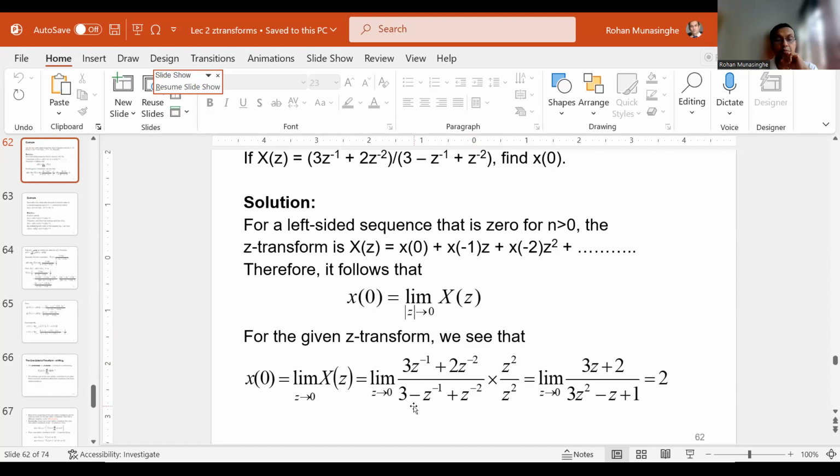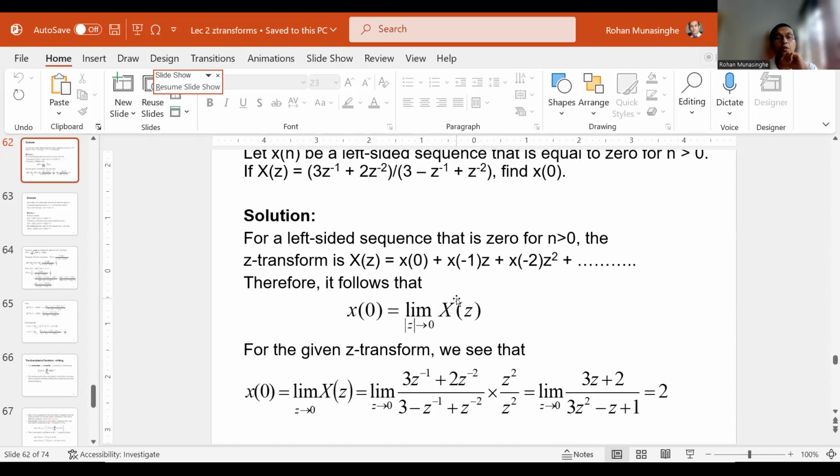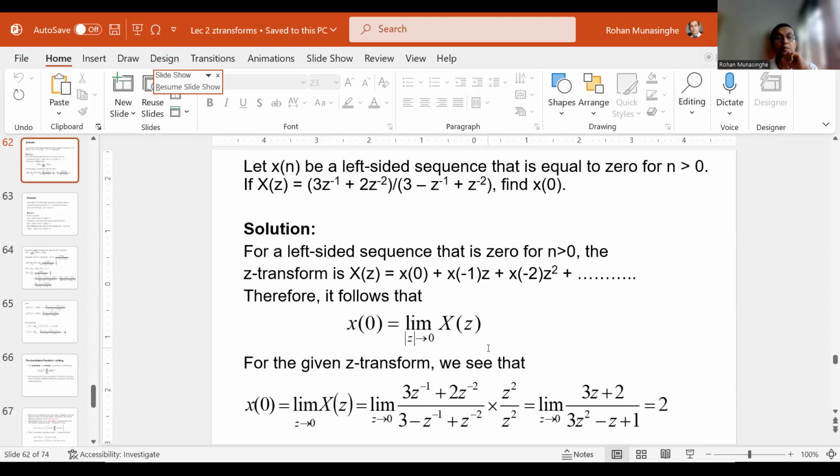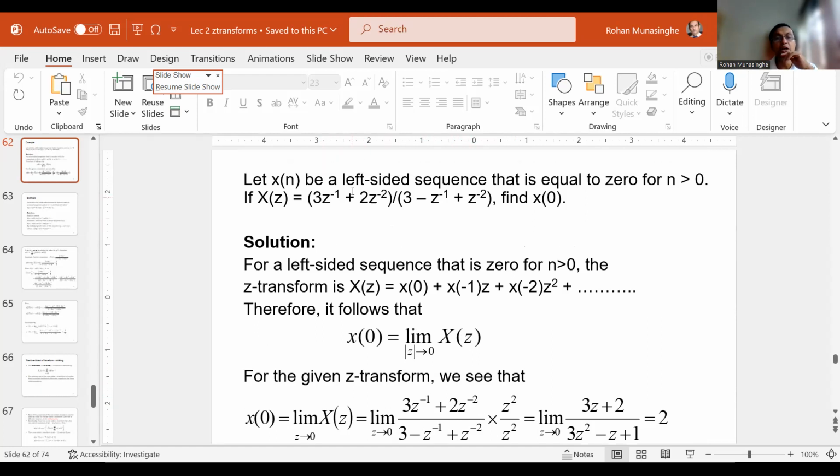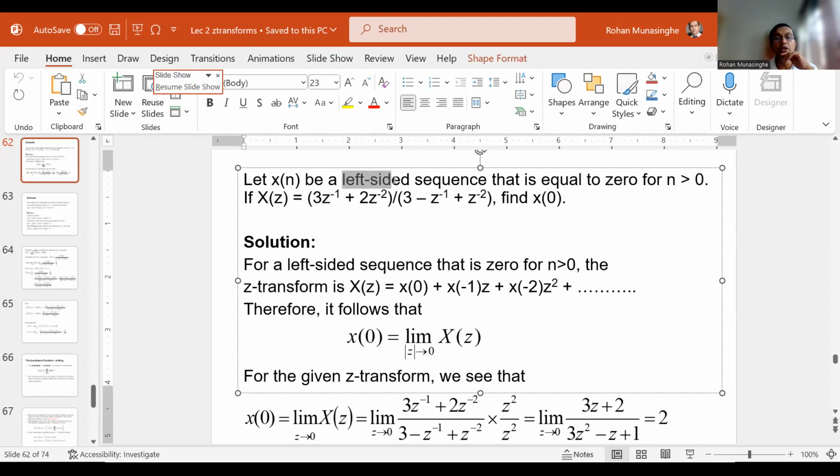So now you look at this one. You need to do a little modification here. Even though it is a left-sided sequence, and it appears like this in the theory, in the example you are given negative powers.